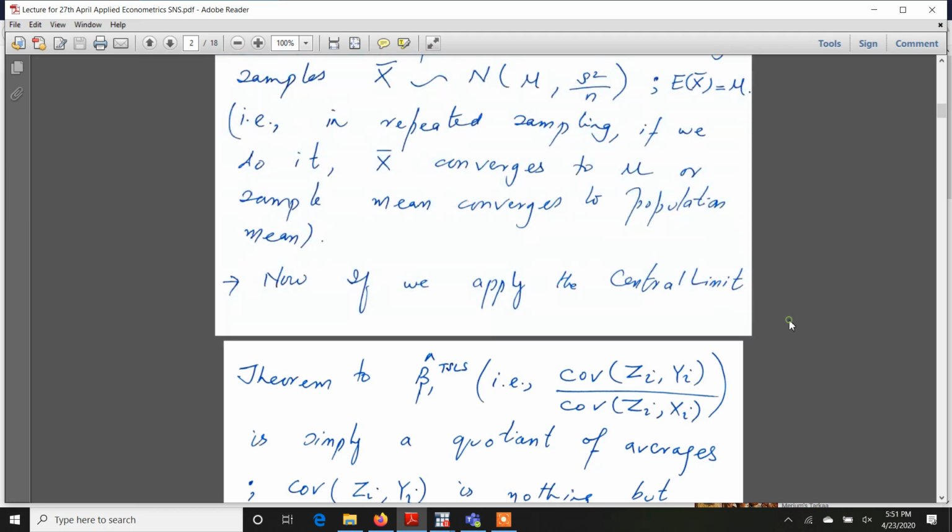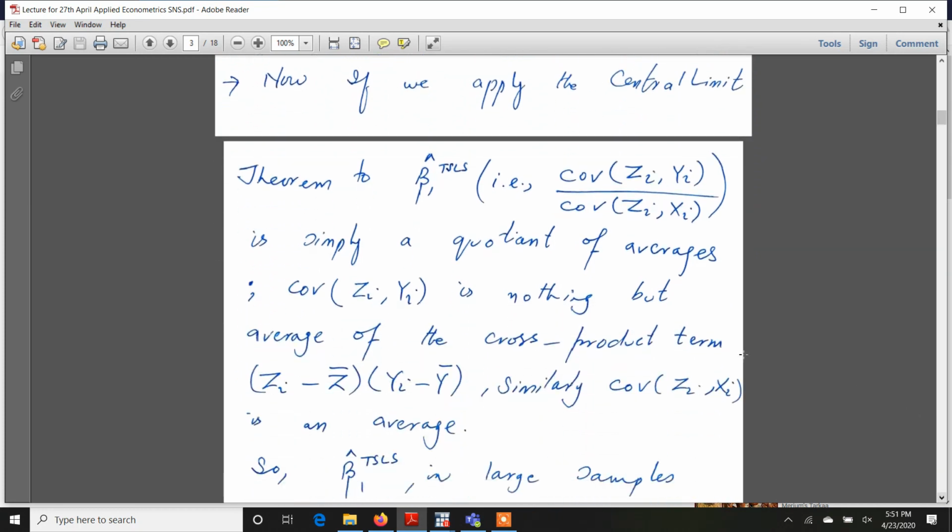So if we apply the central limit theorem to the two-stage least squares estimator, you can recall that one of the formula equations was that it is equal to the covariance between z and y divided by the covariance between z and x. And what is z? That is your instrument, x is your endogenous regressor, and y is your dependent variable, right?